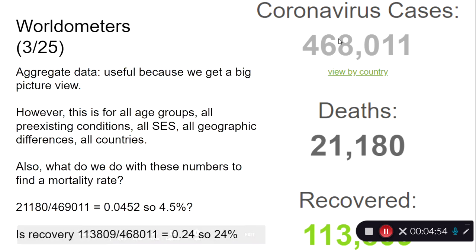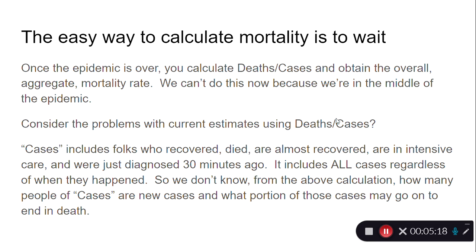This number includes people that were diagnosed yesterday, half hour ago, 3 days ago, a week ago. And so it's not clear what's going to happen to quite a few of these people. Some of these people who were diagnosed just a day ago may be fine. Some of these people are in critical condition, but they're not recovered and they're not dead yet. So what's going to happen to them? So there's different time scales in this number. That's another problem.